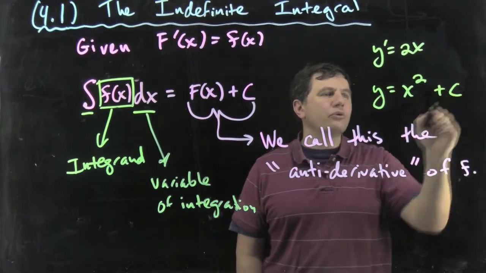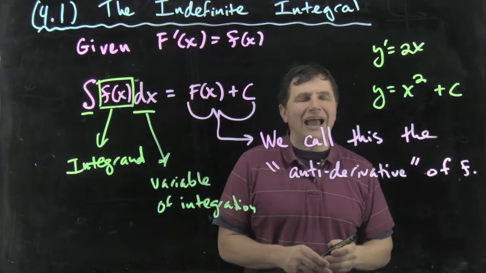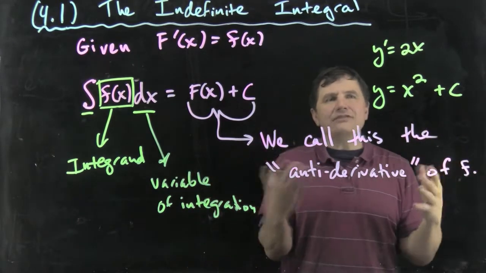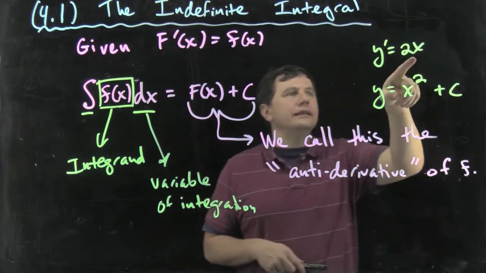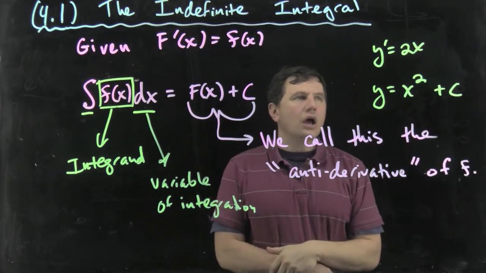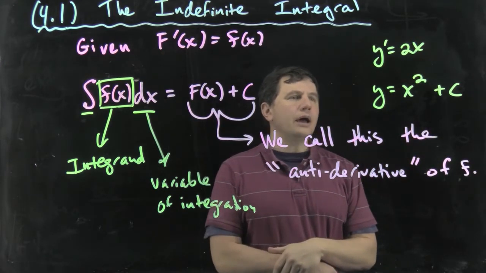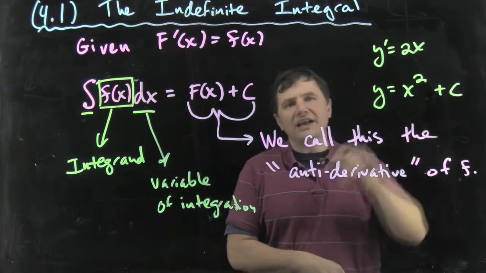But we put this arbitrary constant. And the reason why is because you could add anything to that, and anything added to that, if I take the derivative, would end up zeroing out. So technically, depending on what c is, there's actually an infinite number of antiderivatives, functions that if I take the derivative, I get 2x.